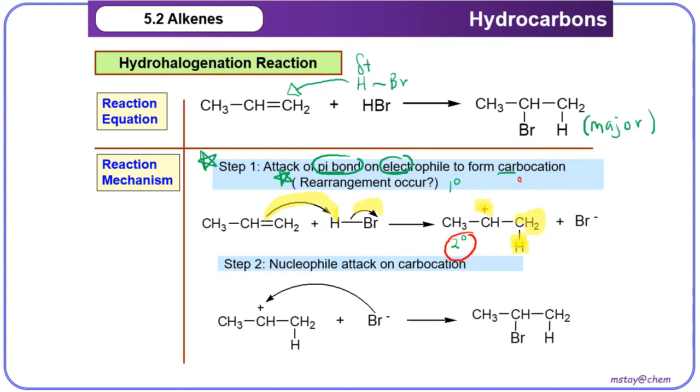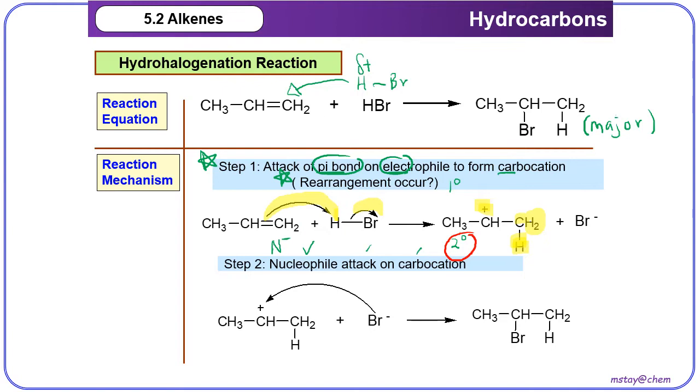So this is not needed, so I will erase it. Now we complete the first step. The second step is the nucleophile attacking the carbocation. The nucleophile is the substance with the negative charge, which means it is the Br negative.